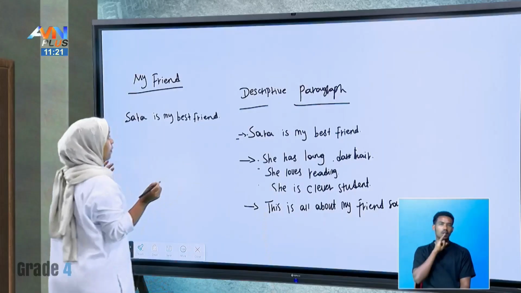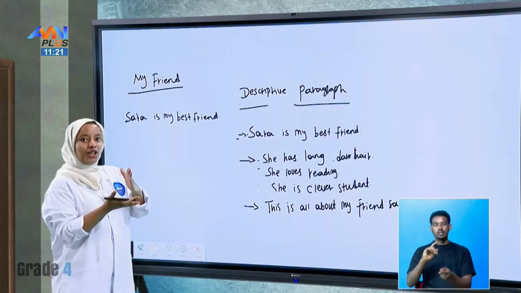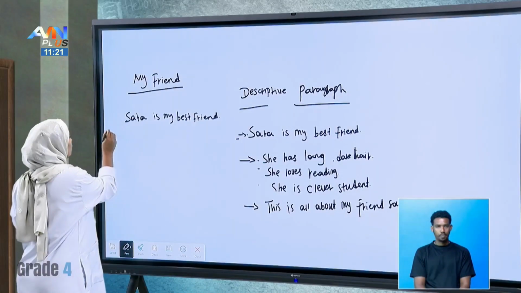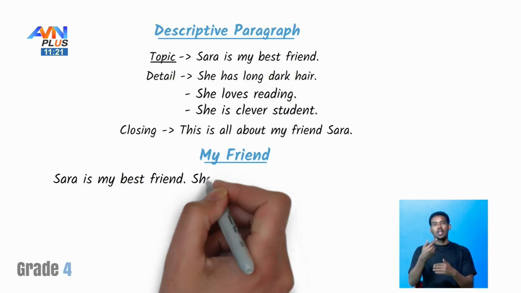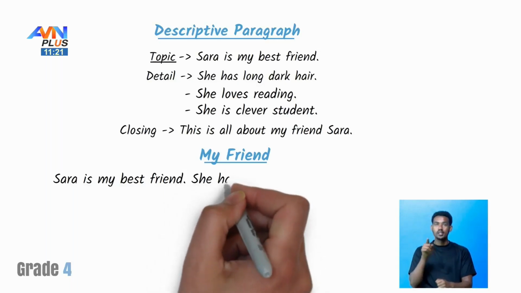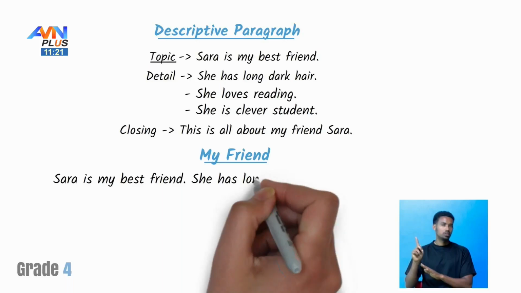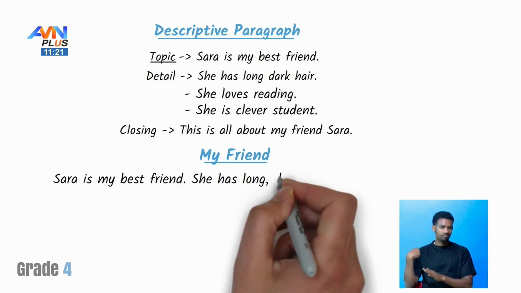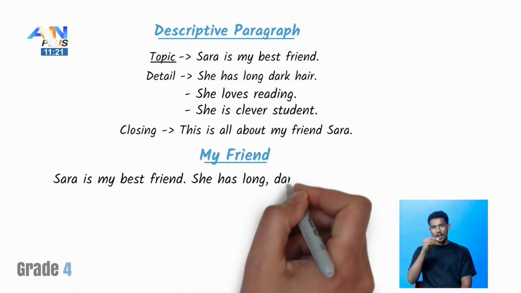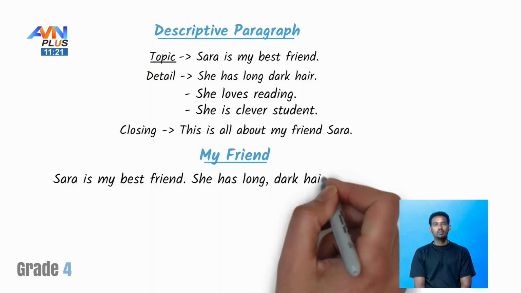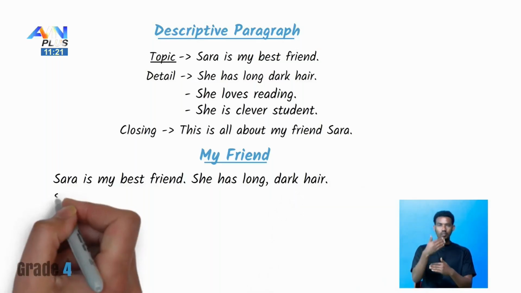Here is a full stop, and we can join the details. So we can say she has long, and here we can use a comma, dark hair. Here is the next full stop.